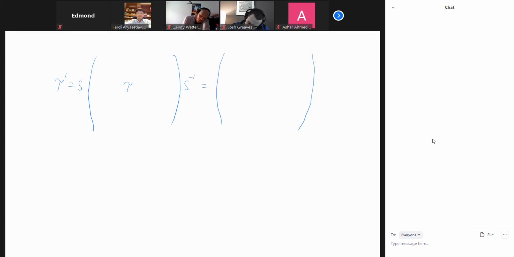So I could have a block form like this, with 0 elsewhere. It could be that the same representation appears twice. So I could have a T alpha here, and this is another T alpha, T beta, and so on.